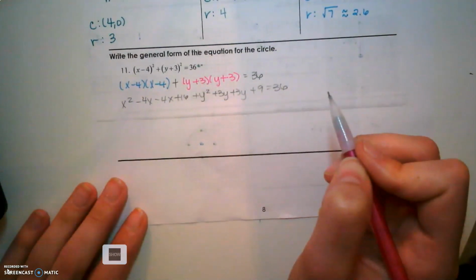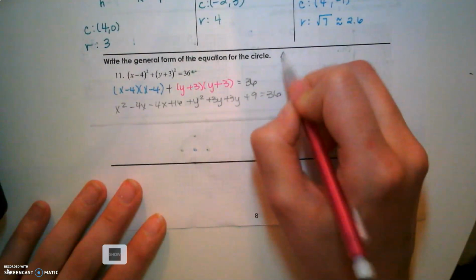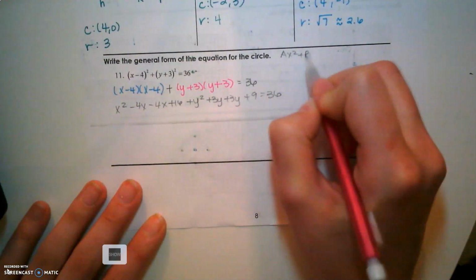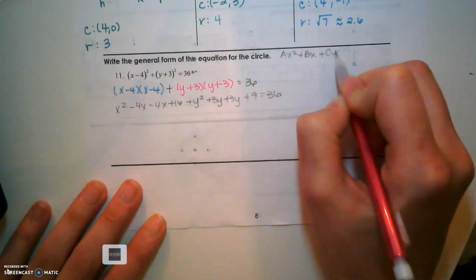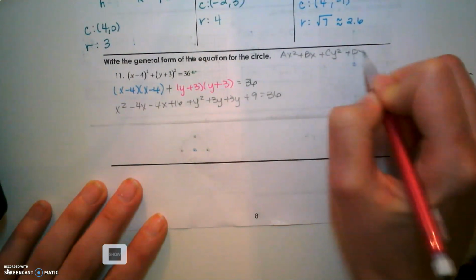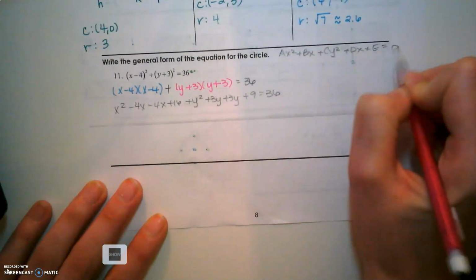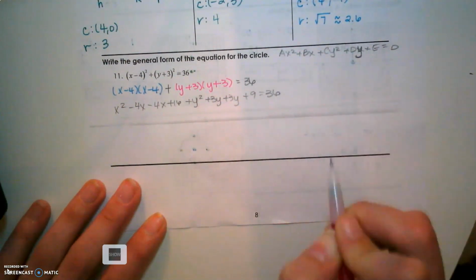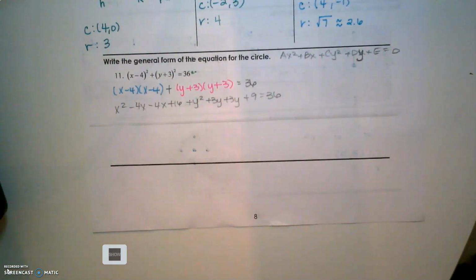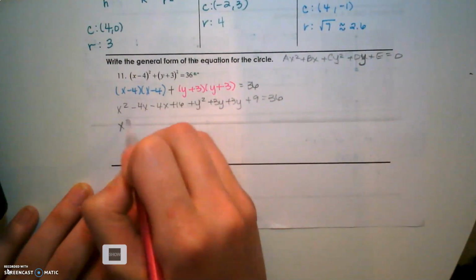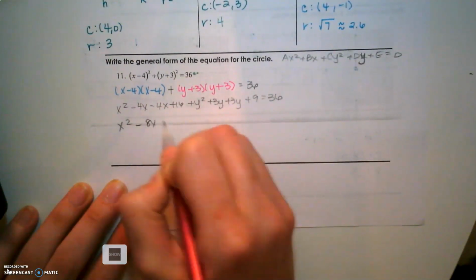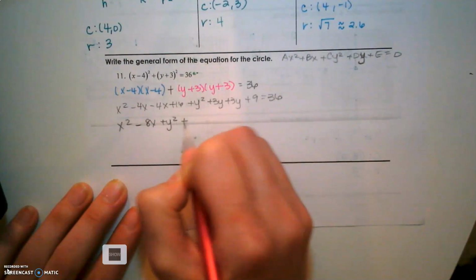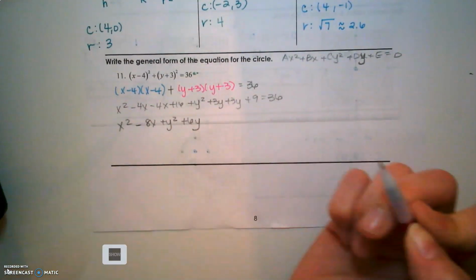So remember, in general form, we have ax squared plus bx plus cy squared plus dy plus e, where e is your constant. Okay. So I'm going to put my x's with x's and my y's with y's. So this is going to be x squared minus 8x plus y squared plus 6y.